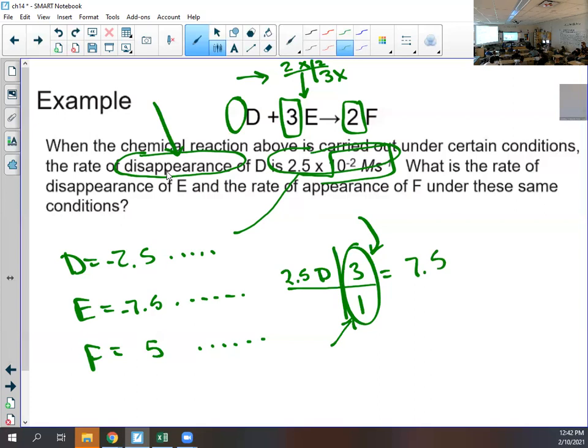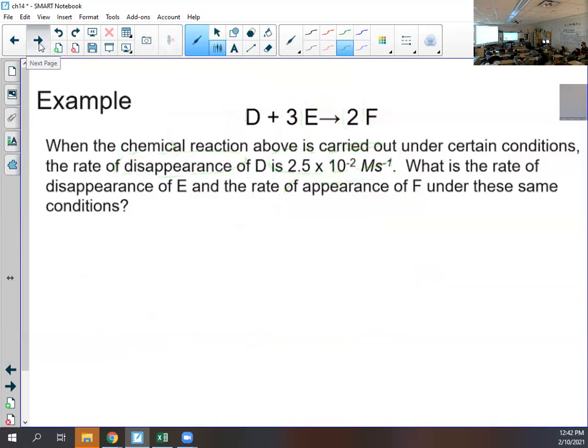On this problem, if you didn't put a negative, you would not get it wrong. You could put all these values as just a positive value because it's already told you. We know it's disappearing because the problem told me. I know the other one's appearing because it told me. So it's tricky, but both would be fine on that particular example.